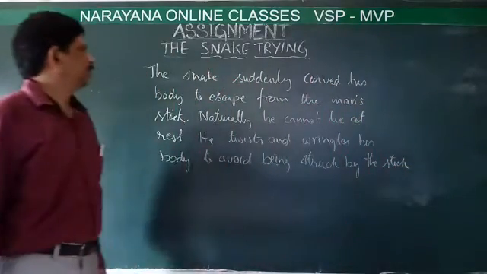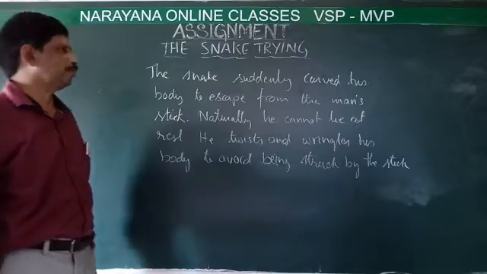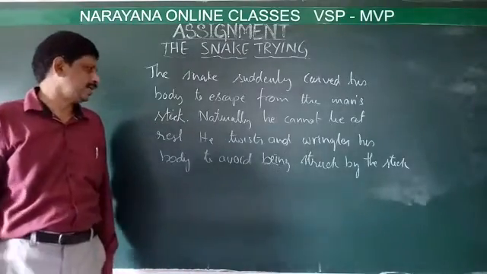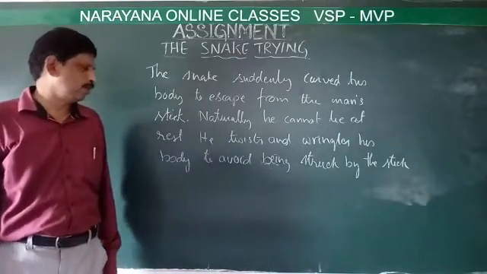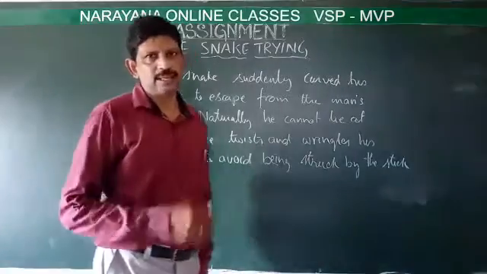Okay, I will read. The snake suddenly curved his body to escape from the man's stick. Naturally, he cannot lie at rest. He twists and wriggles his body to avoid being struck by the stick.